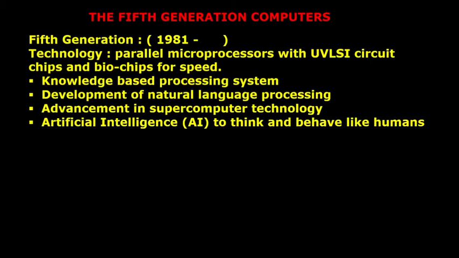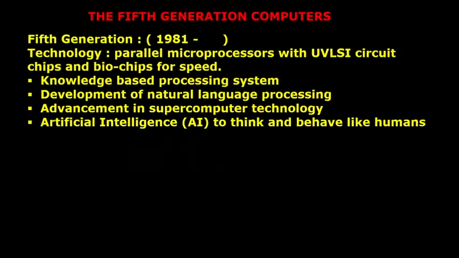employing parallel microprocessors with ultra very large scale integrated circuit chips and biochips for speed. The main features of the fifth generation computers are knowledge based processing systems, development of natural language processing, advancement in supercomputer technology, and artificial intelligence (AI) to think and behave like humans.